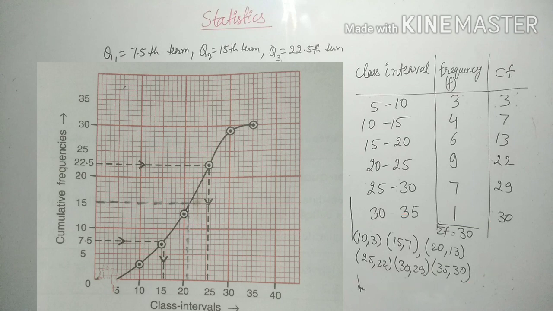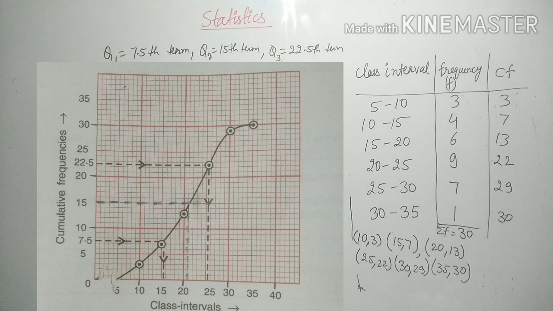Now we have to see where Q1, Q2 and Q3 are. Q1 is the 7.5th term. So where is 7.5? This is the 7.5th term. According to it, what value do we have to find?